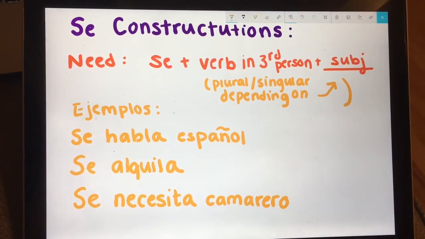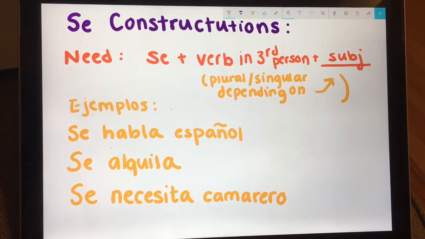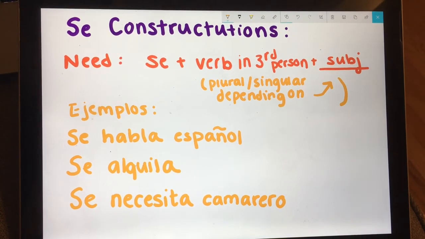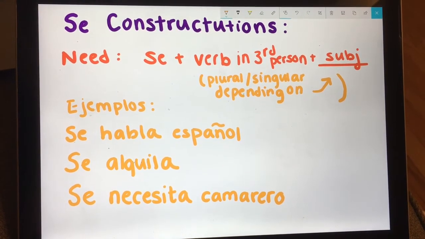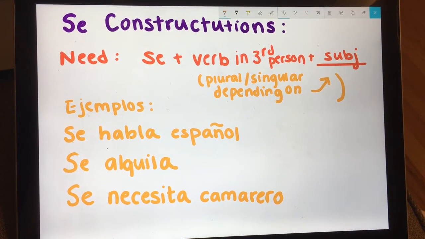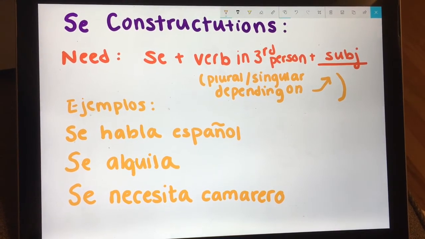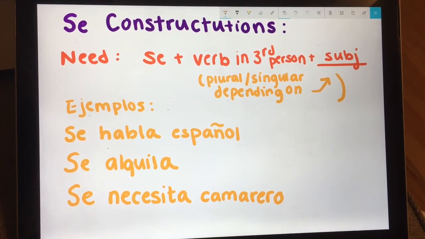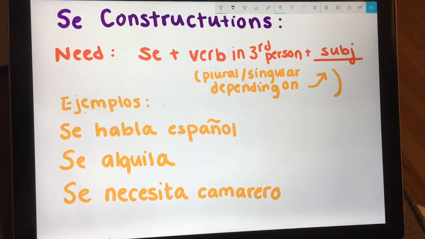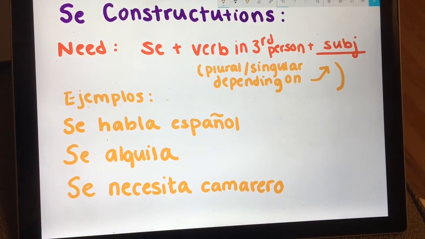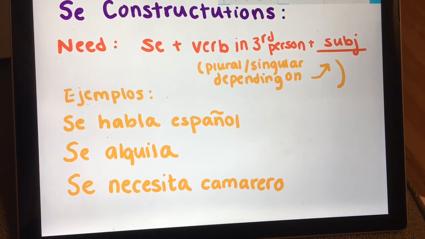Se constructions are another form of the passive voice in Spanish. So in order to form a se construction, you just need se, and any verb in the third person, and it can either be third person plural or third person singular, depending on whether the subject that comes after is plural or singular.